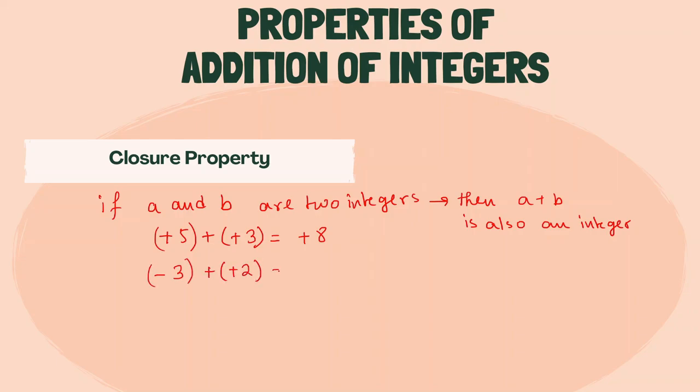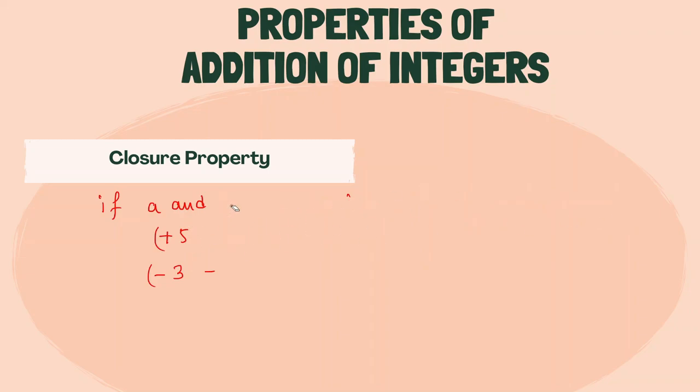So we have to add them and we get minus 1, which is also an integer. This is the closure property of integers. Now I am removing this so that I can show you the other properties of integers.